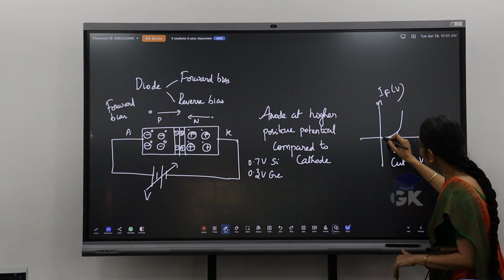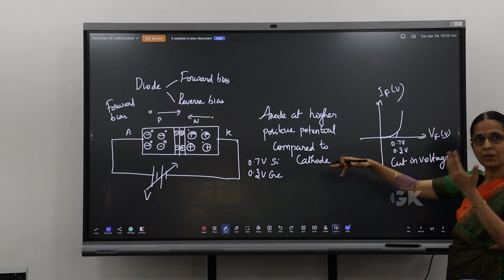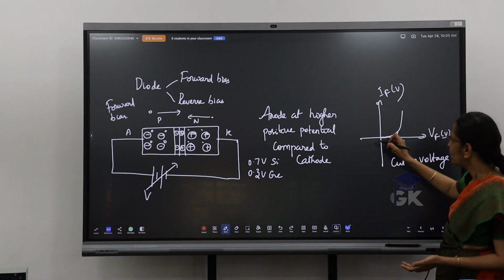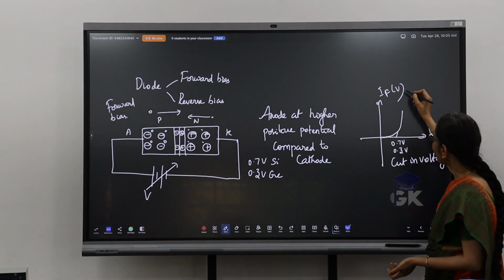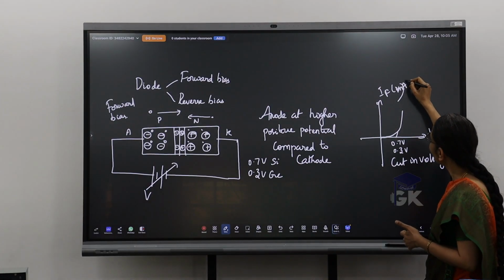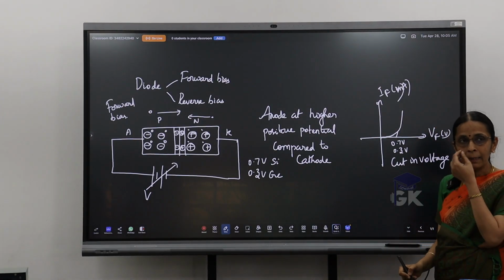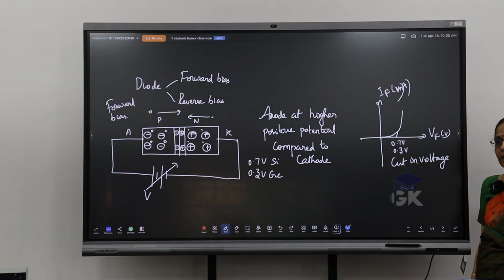So my current will be 0 till that point, and once the input goes beyond my barrier potential, then conduction is going to start. Now, what will be the range of this? It's not voltage, sorry. It should be in milliamps. The current will be in the range of milliampere.